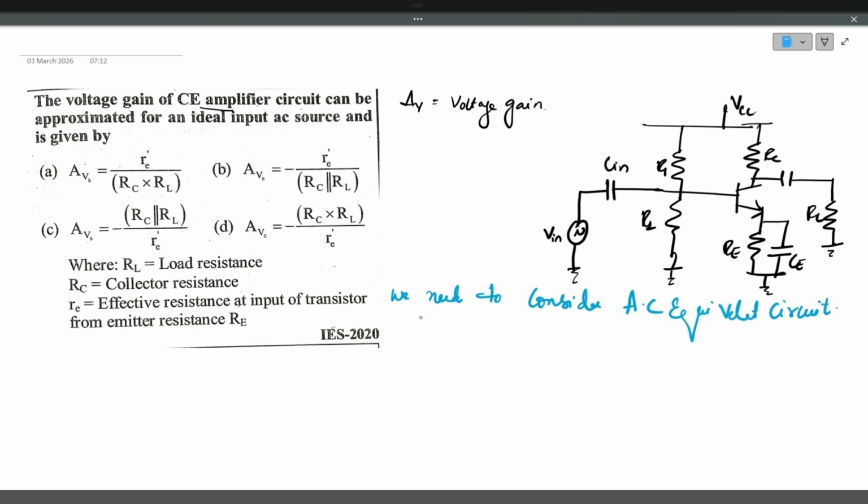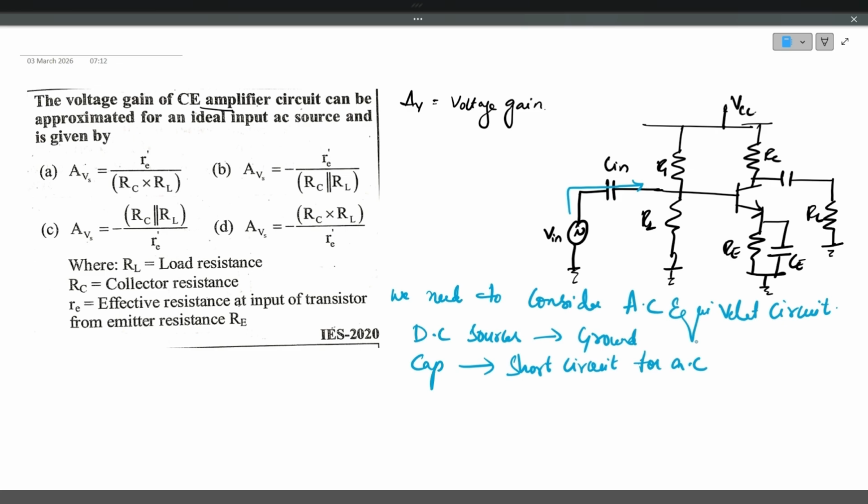So for AC equivalent circuit, the DC sources should be represented with ground. And capacitors block DC and allow AC. Only AC will be there through capacitor. So capacitors will act like a short circuit for AC signals.